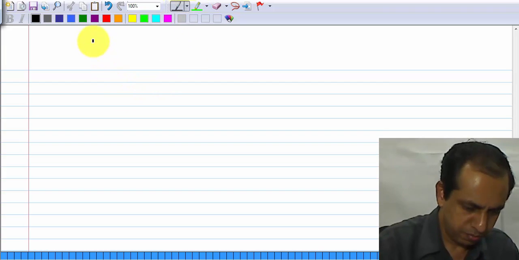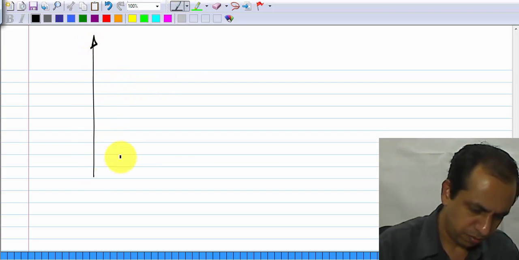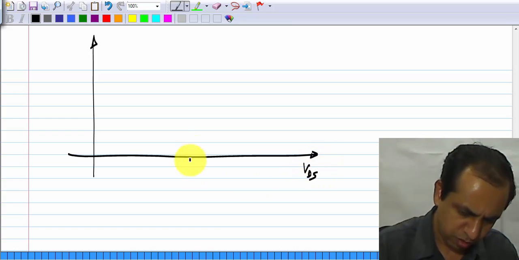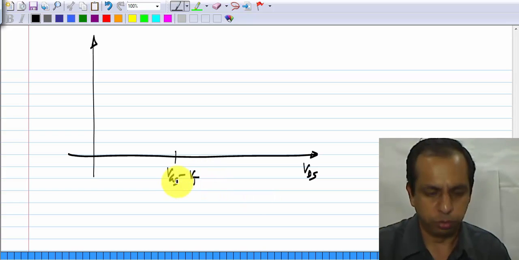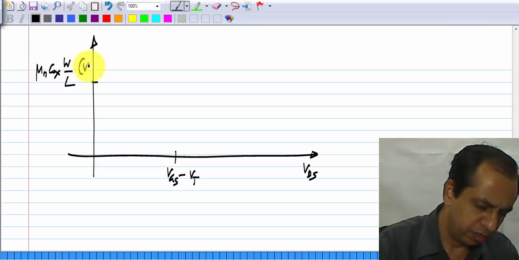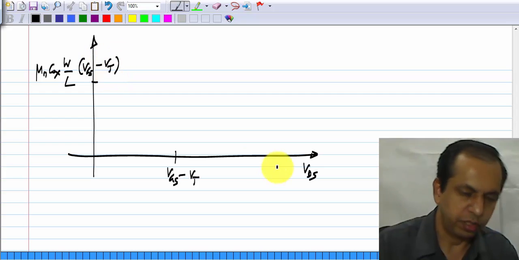Pictorially, we will assume VGS to be fixed and this value is mu n Cox W by L times VGS minus VT.